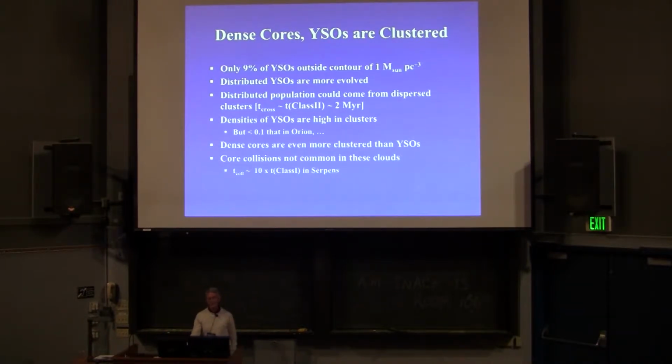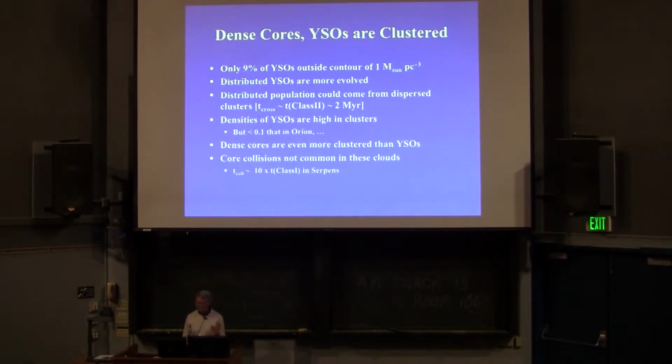So the distributed population could have come from more tightly condensed things which have dispersed, because the crossing time is something like the lifetime of a class 2, so they could have moved from their birthplace. The densities of YSOs are high in these clustered regions, but they're still, in this cloud, less than 1/10 of what they are in Orion. So these are still low surface density regions of star formation.